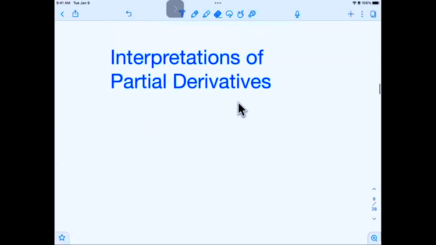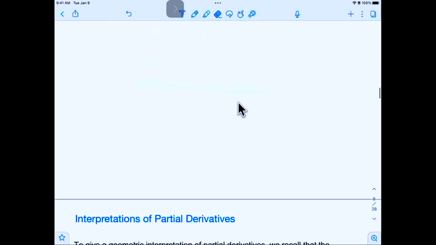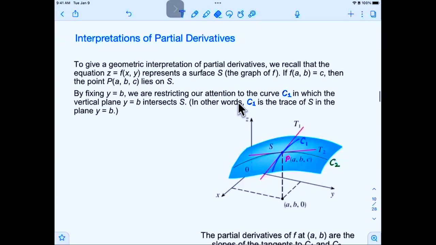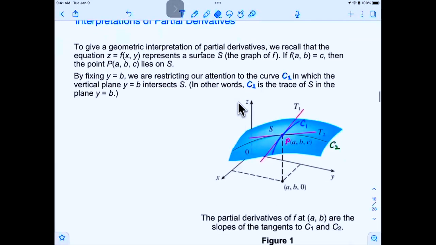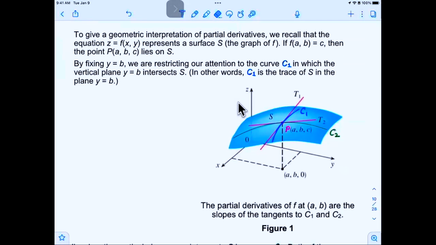Now, the interpretation of the partial derivative. How do you interpret that? Sometimes it's good to visualize it, right? Over here, you see the surface. This is the graph of a function of two variables.